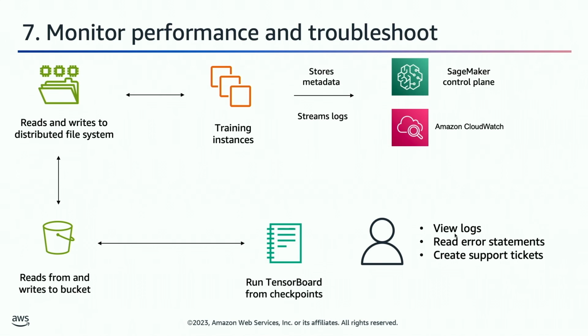You can read error statements in CloudWatch again. So if and when jobs fail, and fail they will, as Werner Vogels loves to say, everything fails all the time, you can read the error statements. The error statements can come in from your training script. They could come in, maybe there was a GPU that went south somewhere in your training instance. And so you can read those.